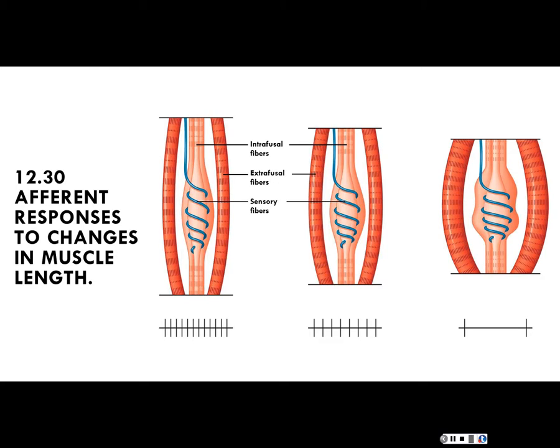What are those lines at the bottom showing? Action potential conduction. So more frequent action potential conduction, and then less frequent. I think that's what it should be labeled as.